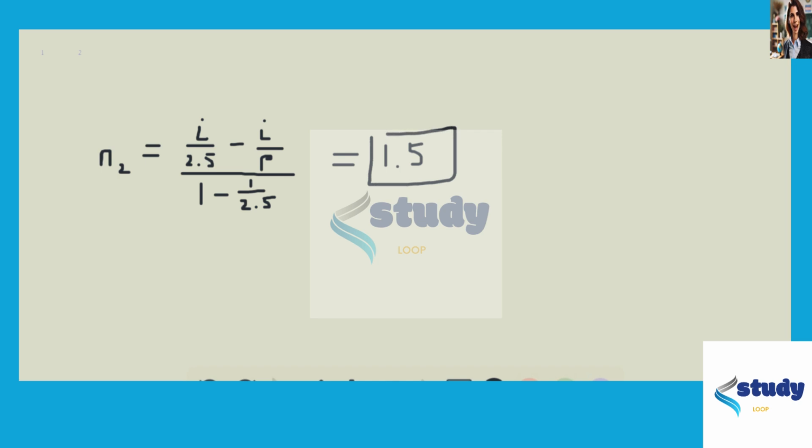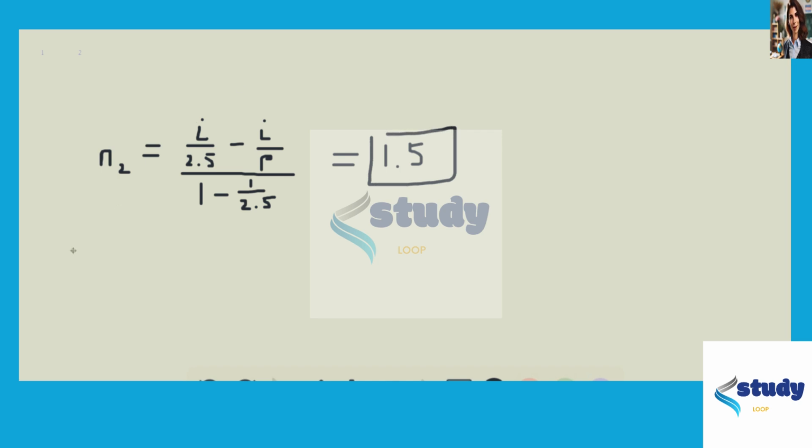And we end up with N2 is equal to I divided by 2.5 minus I over P. And then this whole thing is going to be divided by, because we pulled N2 out of the left side of the equation, 1 minus 1 divided by 2.5. So we find that N2 here is equal to 1.5, which we can box in as our solution for part A.